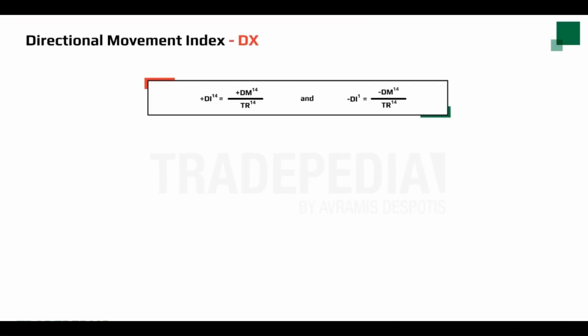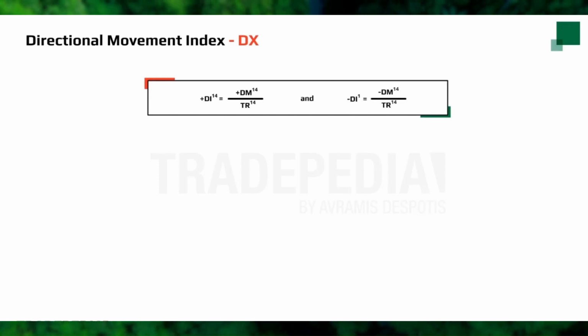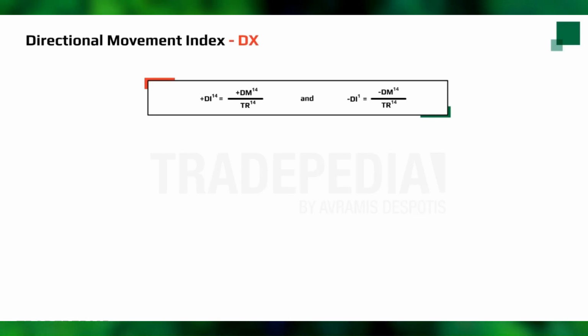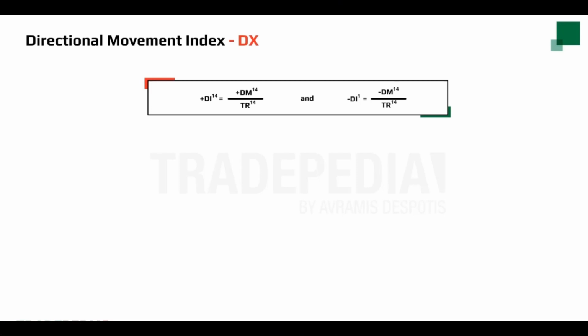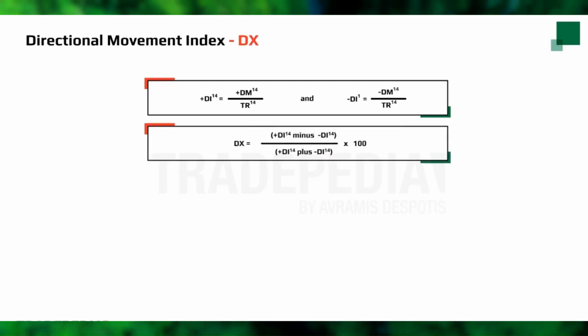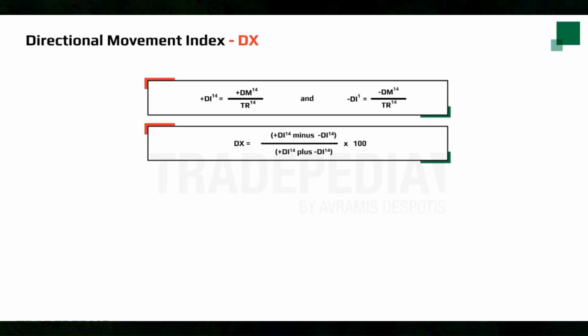The directional indicator, DI, is calculated by dividing the directional movement by the true range. But one day of directional movement does not make a trend. That is why Wilder recommended 14 periods to calculate the directional indicator. All of these calculations result in an indicator called the Directional Movement Index, DX, that measures the difference between the two DIs.